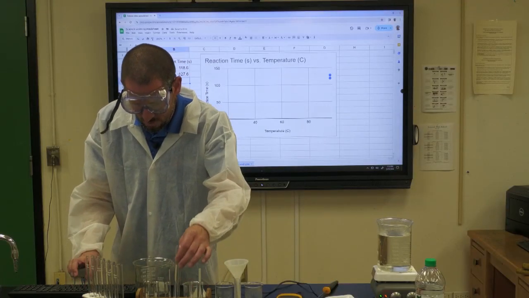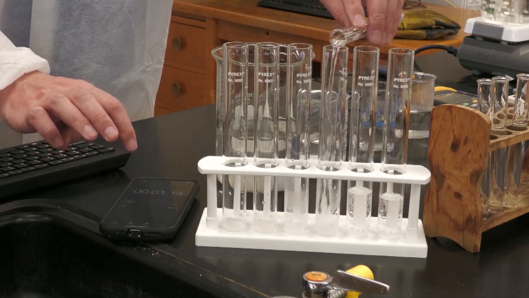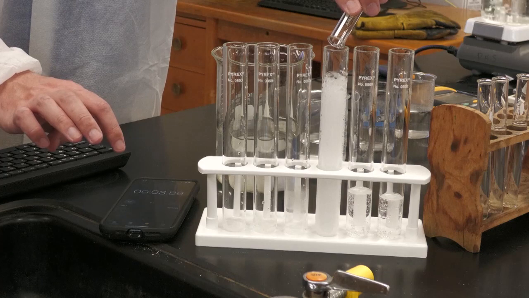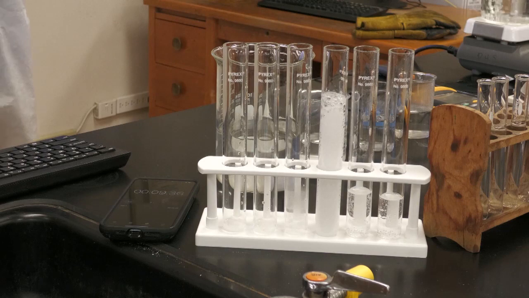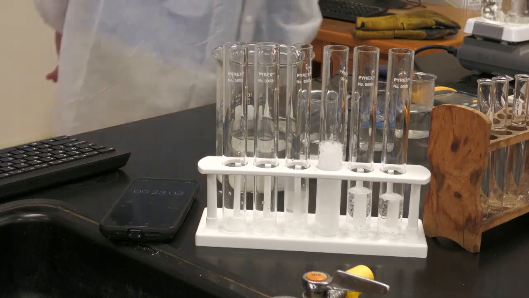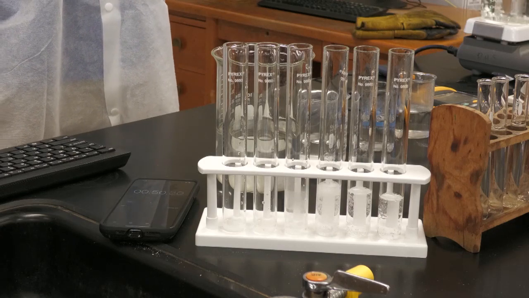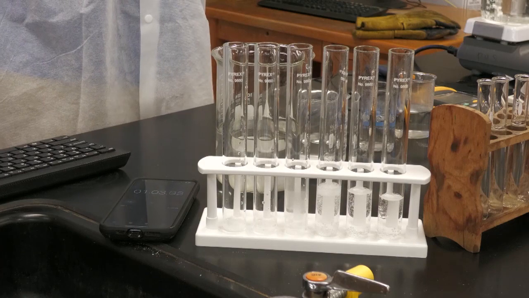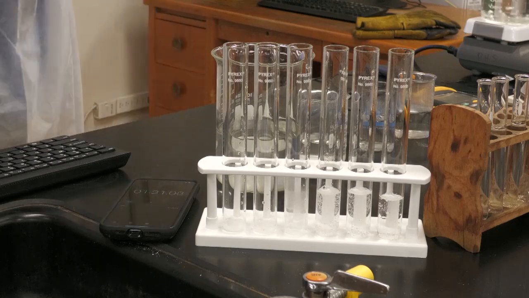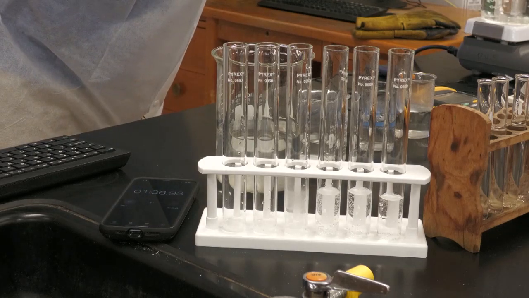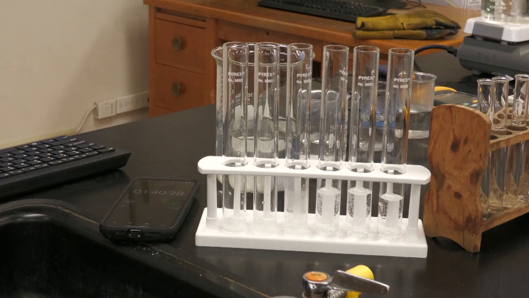Then I'll continue with the other one. So reset. We're going to go ahead and start the next one. Okay, that's about stopped on that one. We got about 140.28.